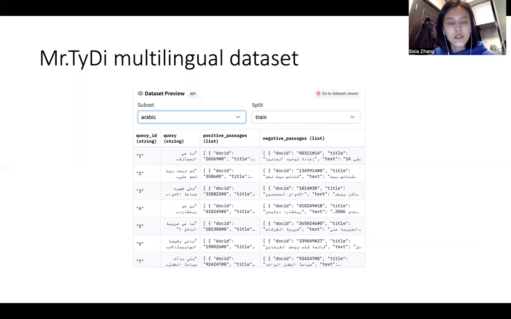We can see that there are a query ID and a query that we can use to train, evaluate, and test with the positive passages and negative passages.